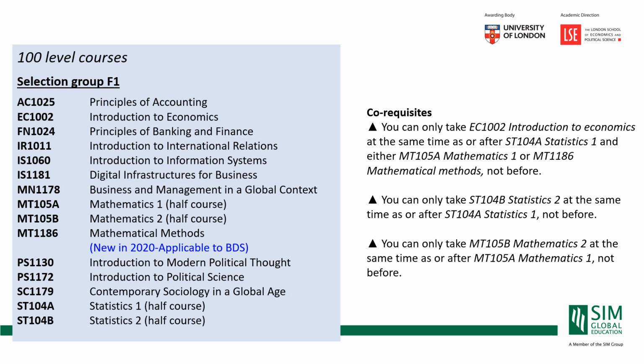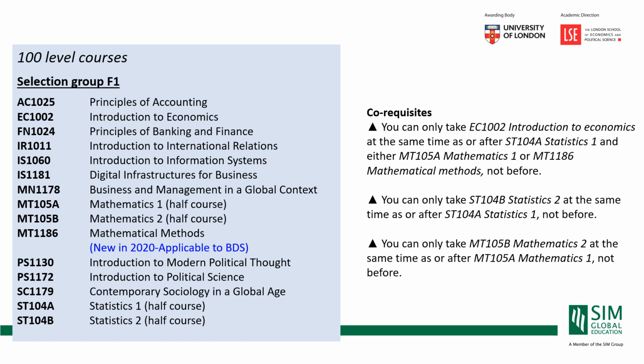For example, in order to take EC1002 Introduction to Economics, a student must, at the same time or after, take ST104A Statistics 1 and either MT105A Mathematics 1 or MT1186 Mathematical Methods.